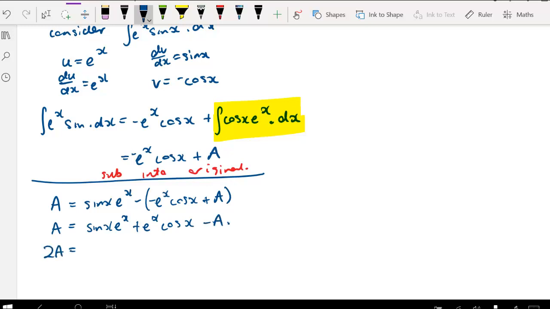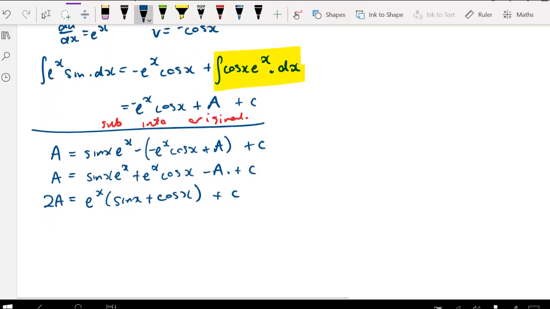So 2a is equal to, if we take out a common factor of e to the x, we've got e to the x times sine x plus cos x. Now I've realized I've forgotten a few c's here. Put them back in. And therefore a is equal to 1/2 e to the x times sine x plus cos x plus c.